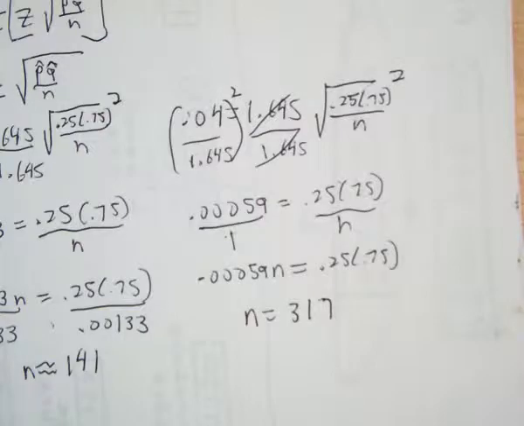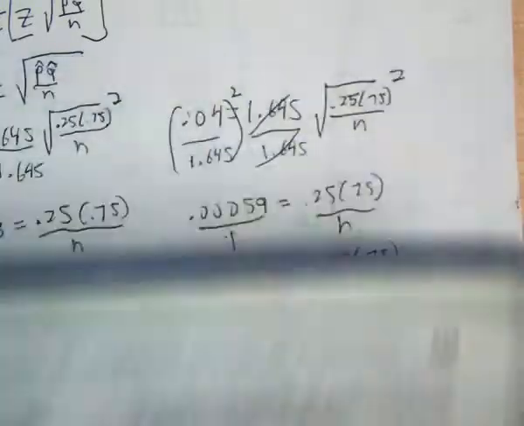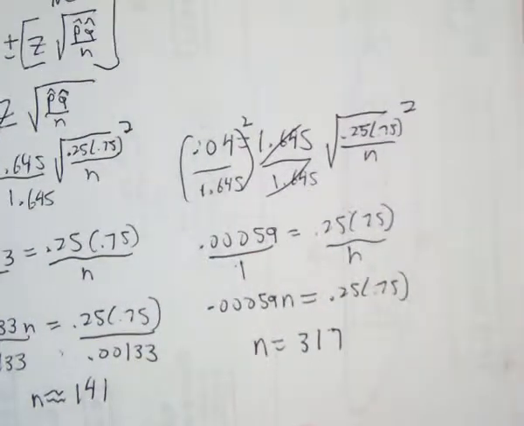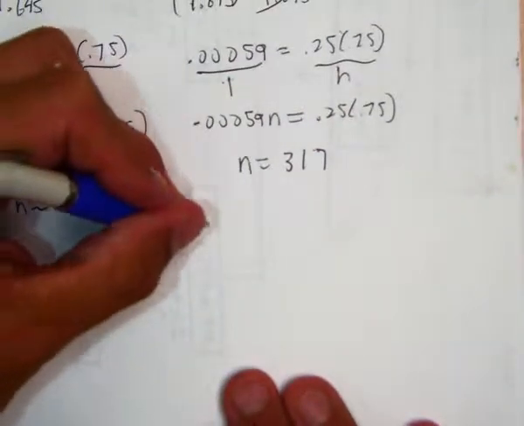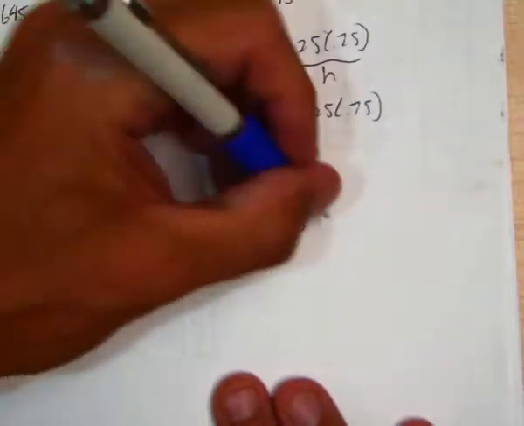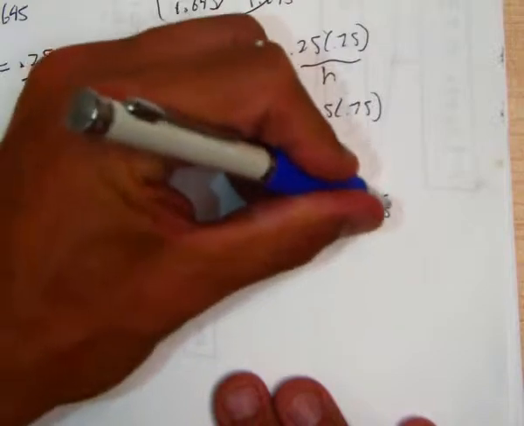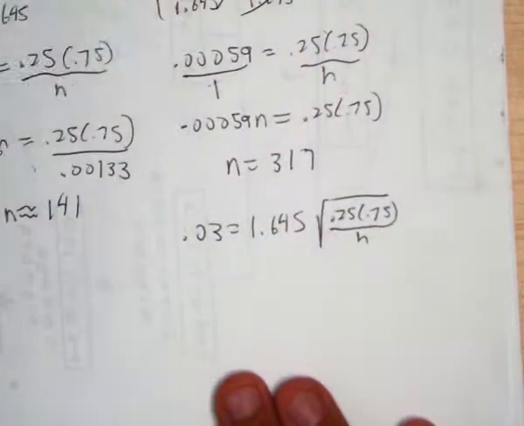And then the last question asks, what sample size would produce a margin of error of 3%? Not too much drama here. You're going to do 0.03 equals 1.645 times the square root of 0.25 times 0.75 over n.